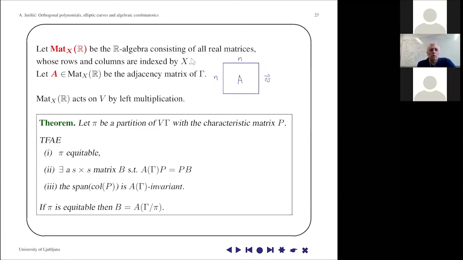Or we could also say that the span of the column space of these support vectors is A-invariant. And of course, this B matrix is just the adjacency matrix of the quotient.